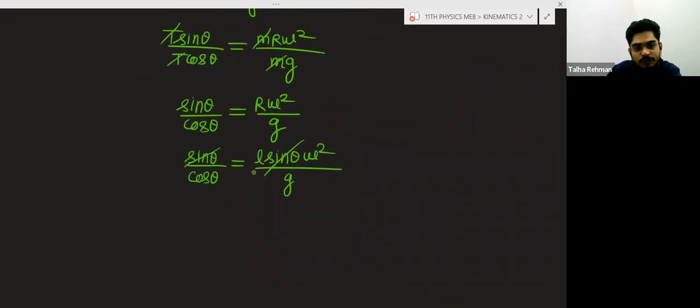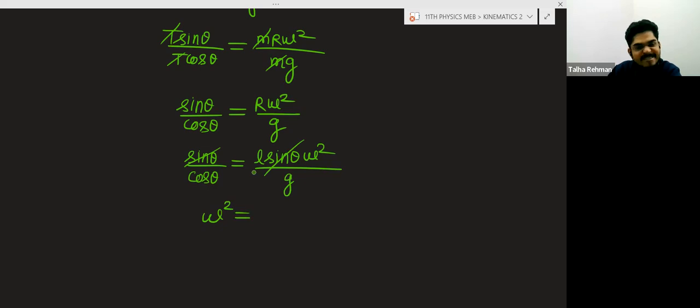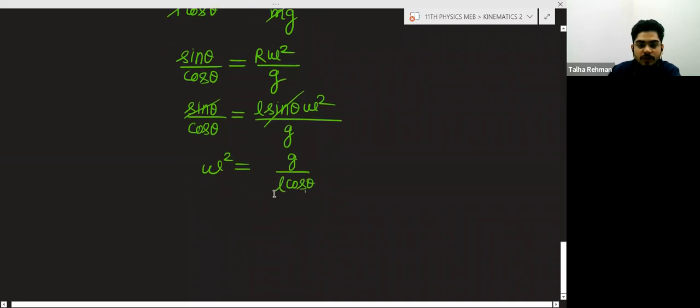So you will get here g by cos theta. So omega square is equal to g divided by L cos theta. From omega square you can find omega. Omega will be root of g divided by L cos theta.